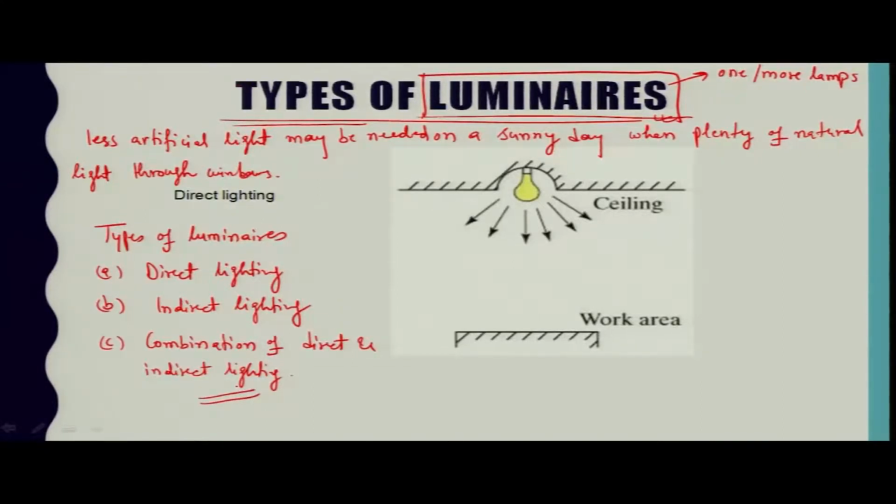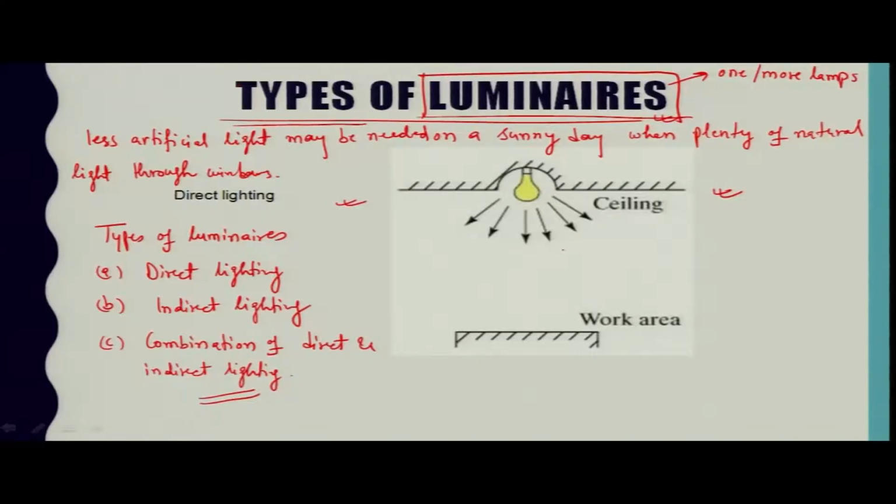Luminaires can be classified according to the proportion of the light that is emitted above or below the fixture itself. So three major categories can be illustrated. One figure has been put up for you to understand the types of luminaires.